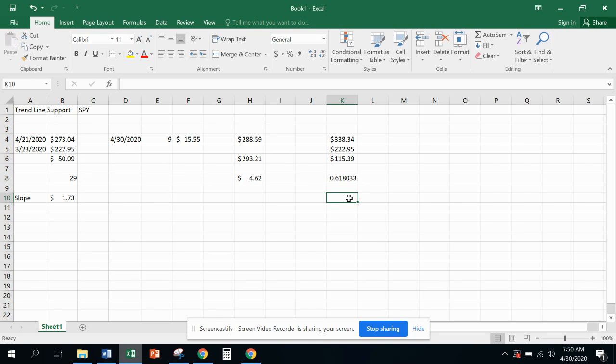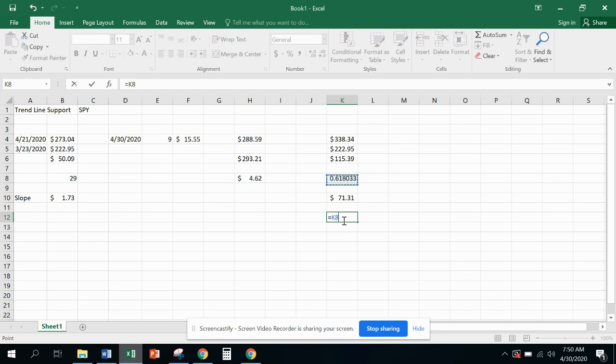It's 1 over phi. I'm not going to get into the mathematics there, but it's the sum of an infinite series. Now, what we're going to do here is take the amount we dropped and multiply it by the Fibonacci retracement. That's $71.31 that needs to be added back to the low.